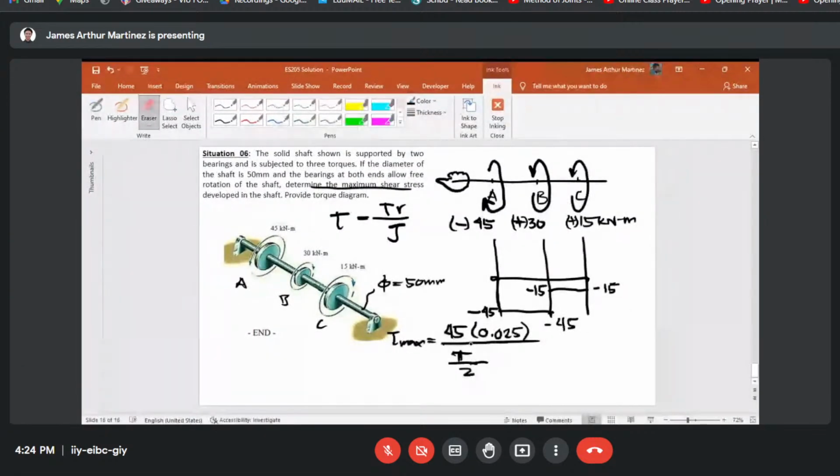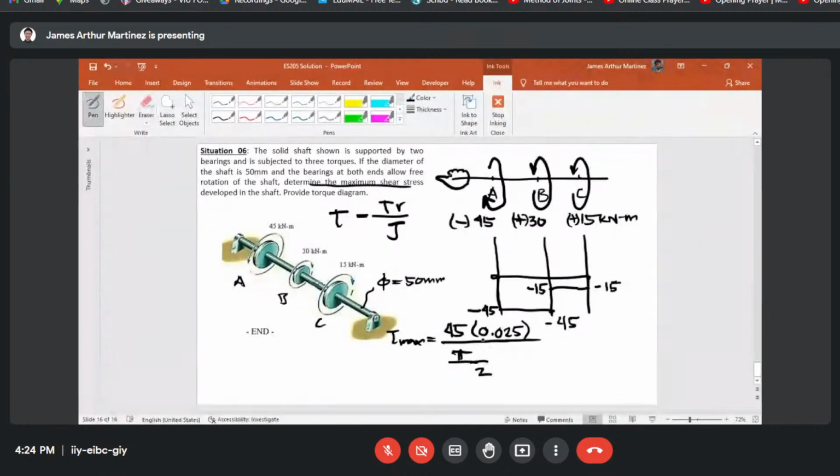So, substituting the value, radius na to is 0.025 raised to 4.